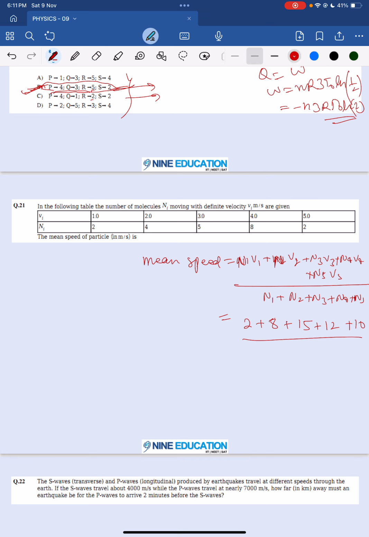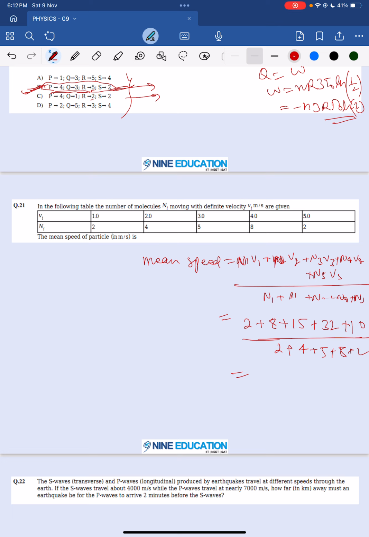What do we see here, kids? This is 1 into 2 is 2, 2 4s are 8, 3 5s are 15, 4 8s... okay, here I wrote it by mistake. So this becomes 2 plus 8 plus 15, and 8 4s are 32 plus this is going to become 10. Now here we have 2 plus 4 plus 5 plus 8 plus 2. Correct.